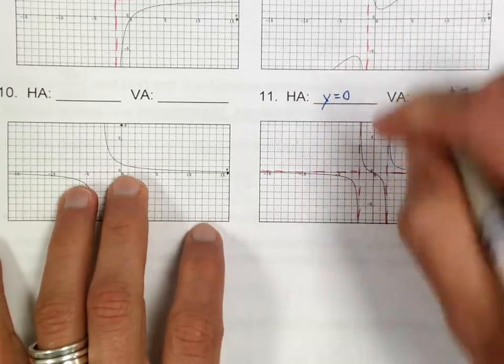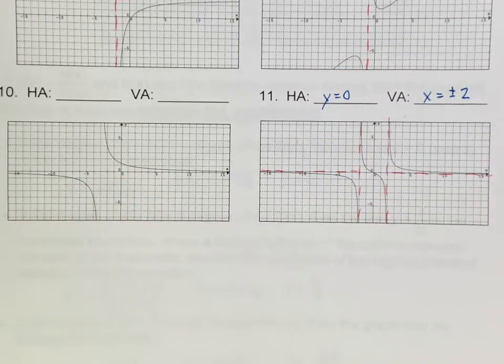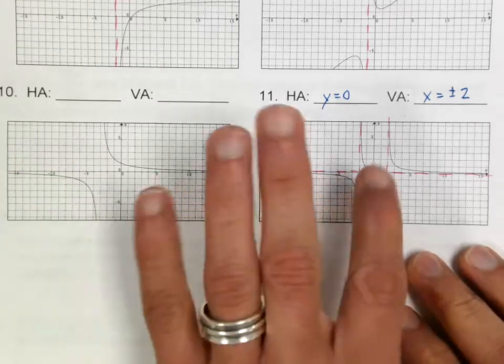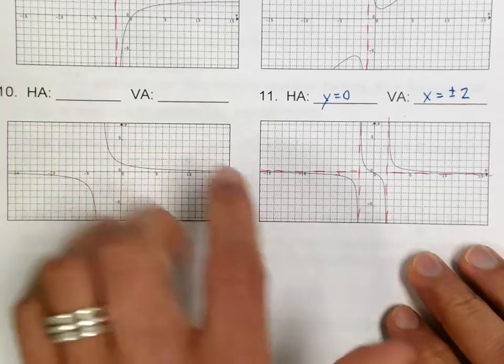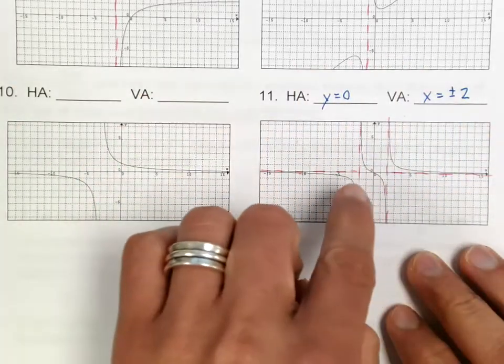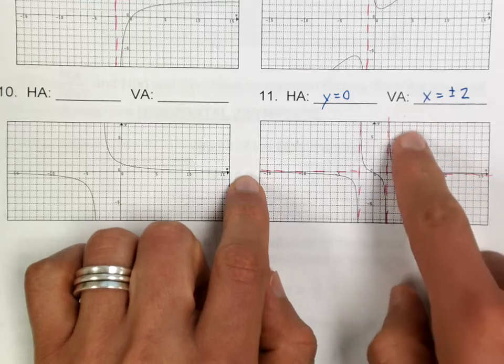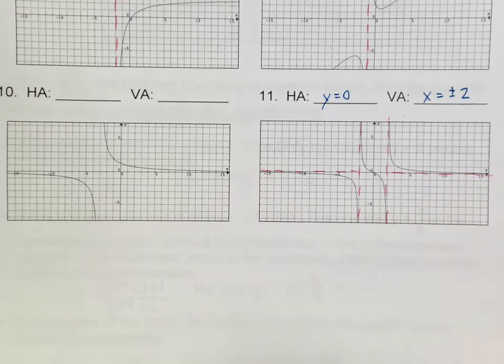All I'm going to say about that is that one way to look at the horizontal asymptote is not so much about where it can or cannot cross, but that it tells you the end behavior. As you go to negative infinity, this function is going to get closer and closer to 0. And as it goes to positive infinity, it's going to get closer and closer to 0.